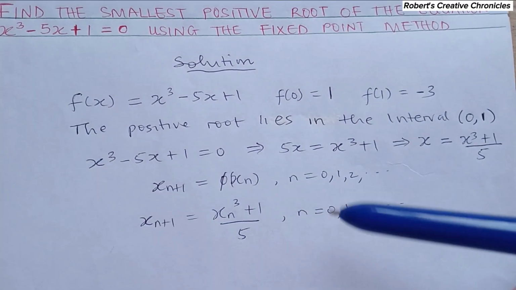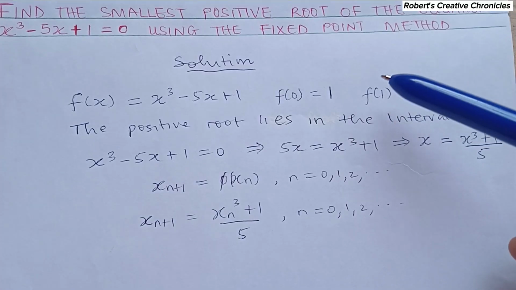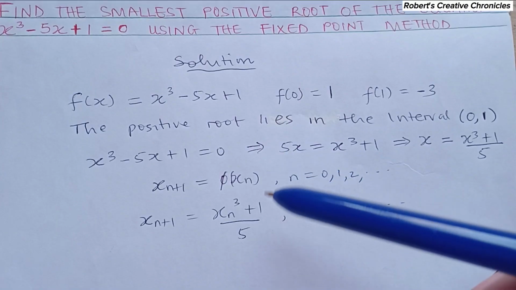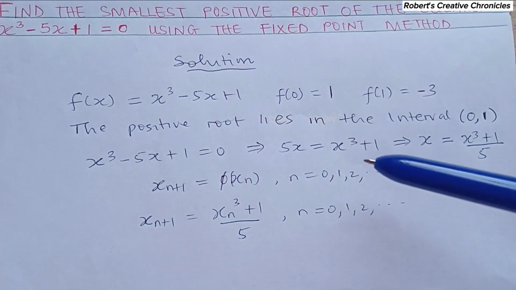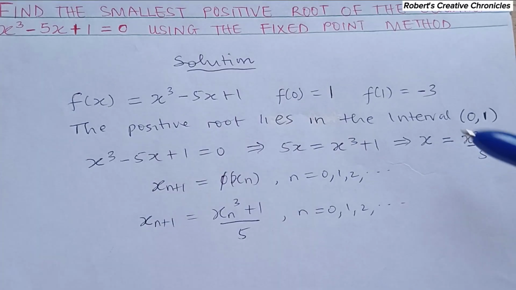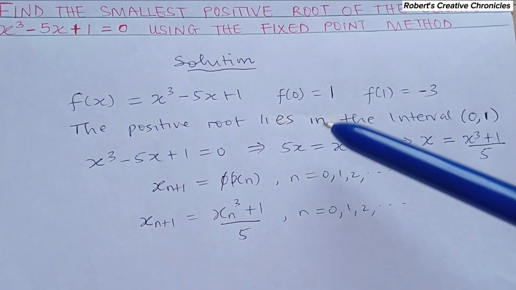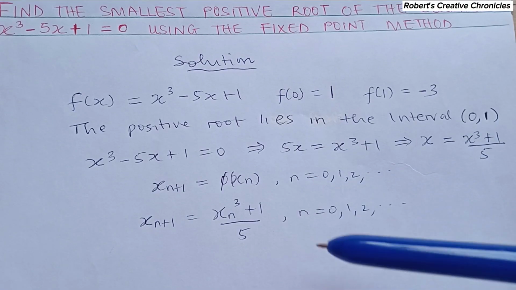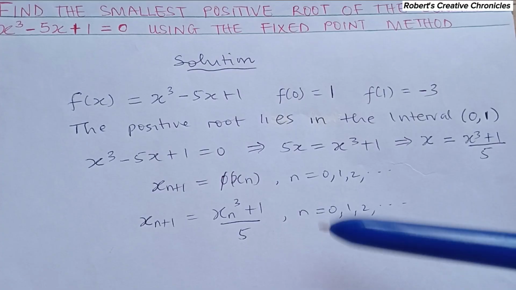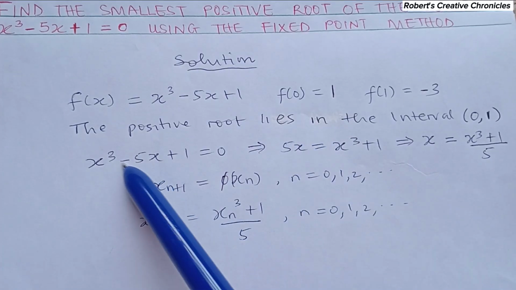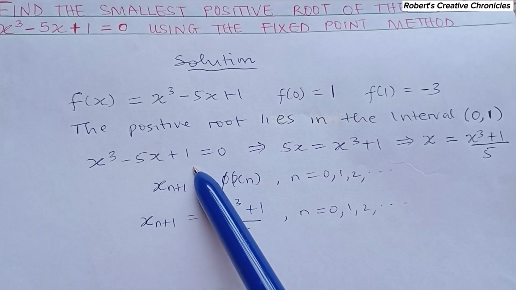So in the fixed point method, when you make x the subject of the formula, in some ways, sometimes it will not converge. You have to express the equation another way and start the iteration from the beginning. Like this one, when we do it, it will converge. But when we make x cubed the subject of the formula, it will not converge.